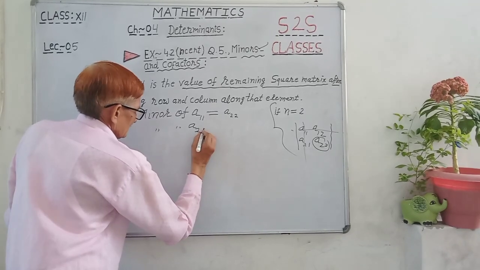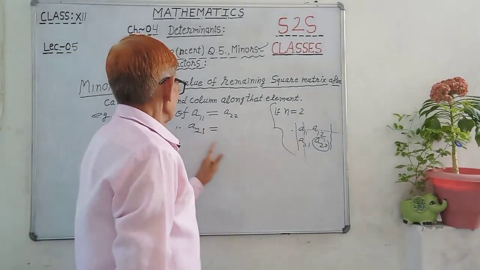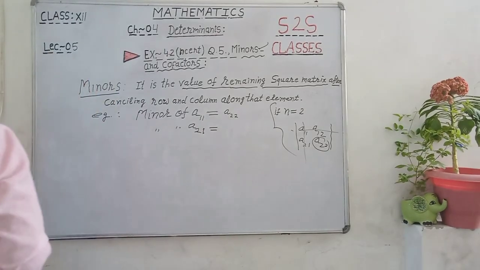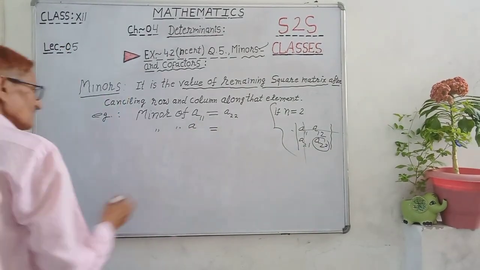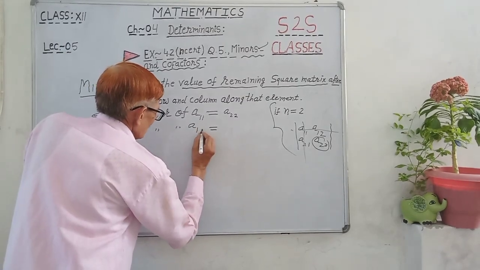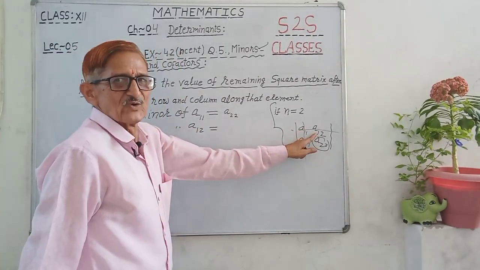Minor of A12, this is the second element of the first row.